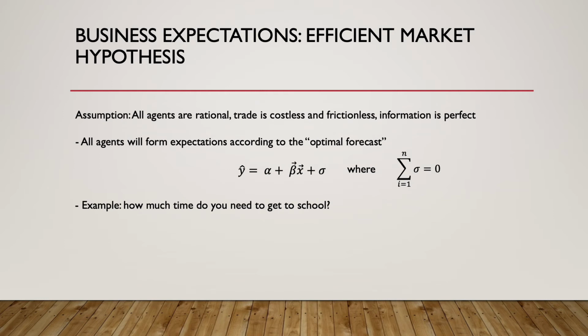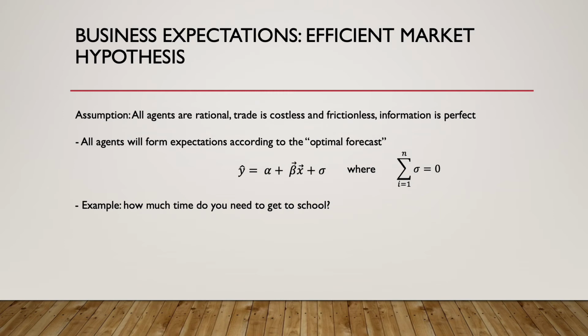So y hat is, of course, our forecast of that future variable. Y hat is equal to alpha, a fixed parameter, plus a vector of betas and a vector of independent variables, right? So X could be any list of factors that might influence a stock price. And beta would be the weight of that factor, and the sign of that factor could be positive or negative, either raising or lowering your estimation of the stock price, y hat, right?